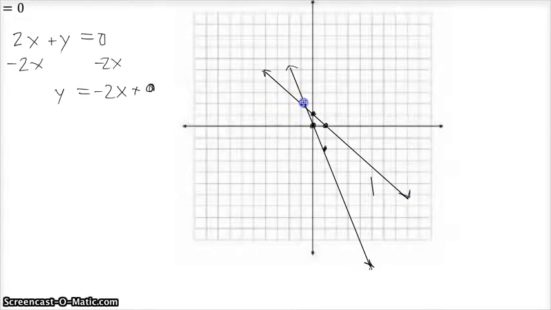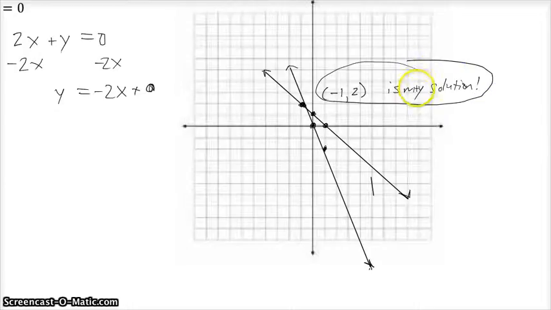What I have is a point that looks about to be right here where they meet. And that's at the point negative 1 comma 2. So there is my solution. It's not the same line this time, it's a different line.